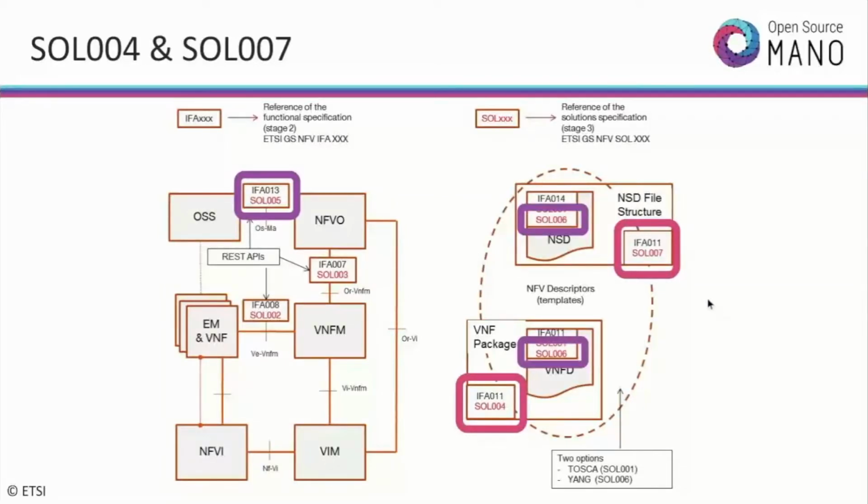So it's not so much of a change. In fact, it should be pretty transparent to people. It's a packaging format. So the SOL specifications basically said, when you upload a package, it has to be in zip format. We should find these files in there. Things should be in this subdirectory.